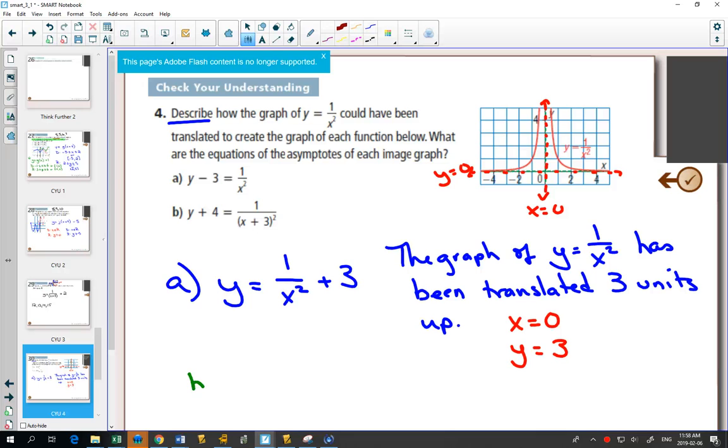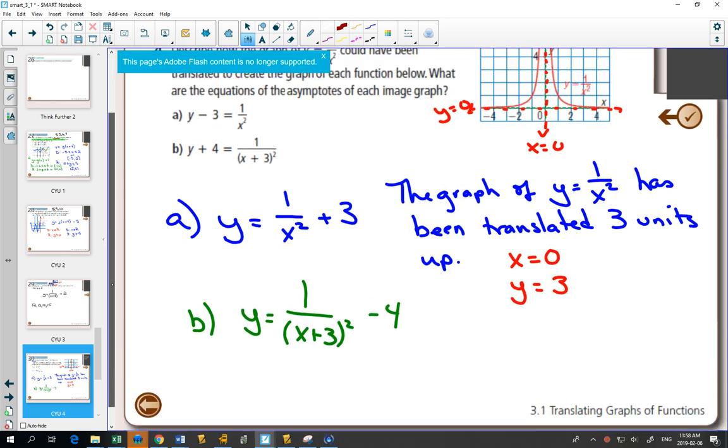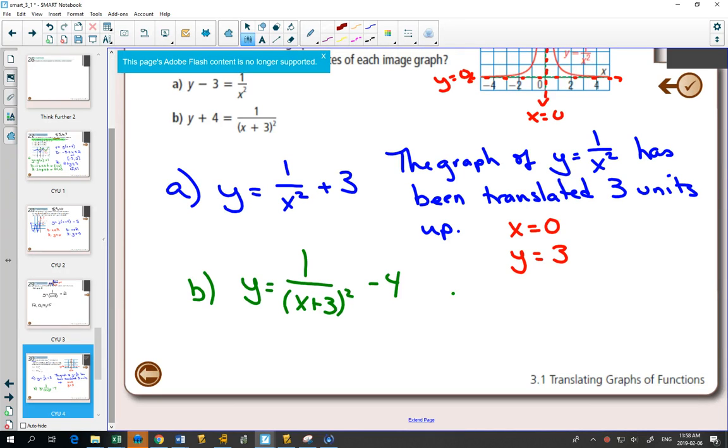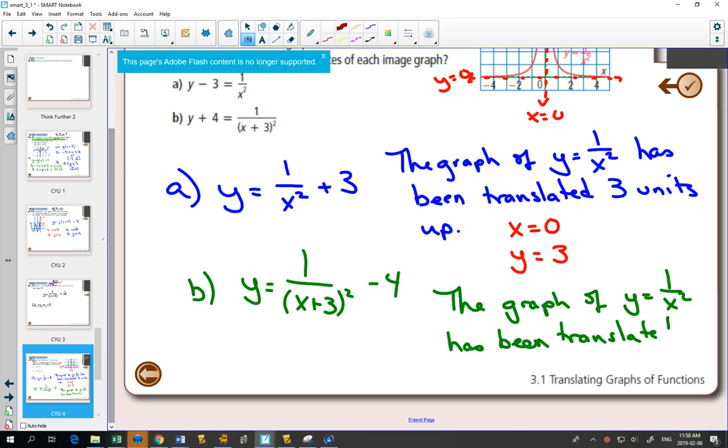In part B, again, I would take the time to move that 4 over. And when describing this one, I could say the graph of y equals 1 over x squared has been translated.